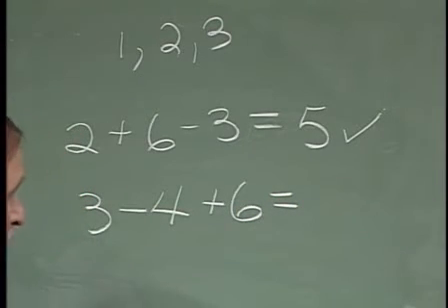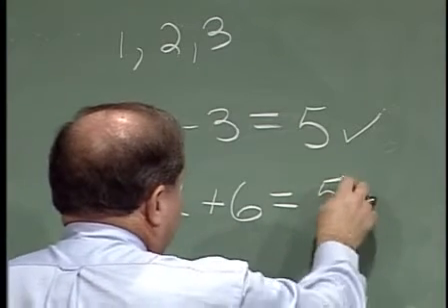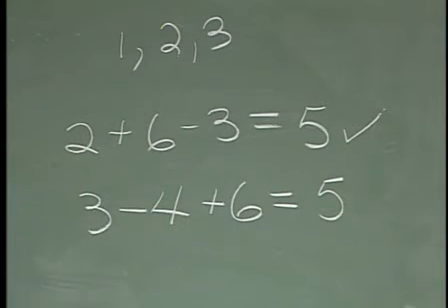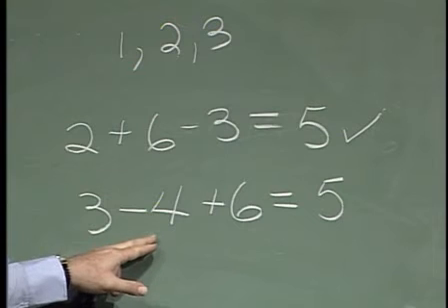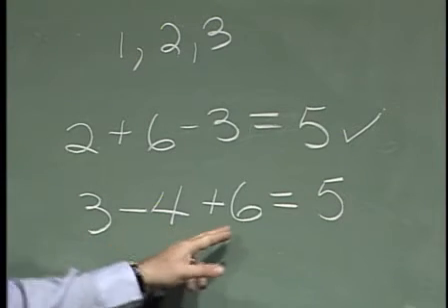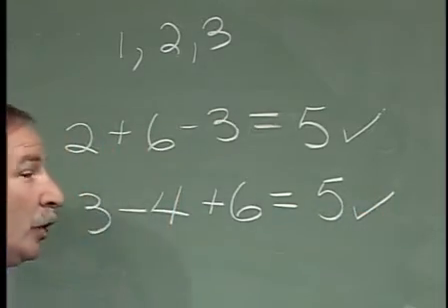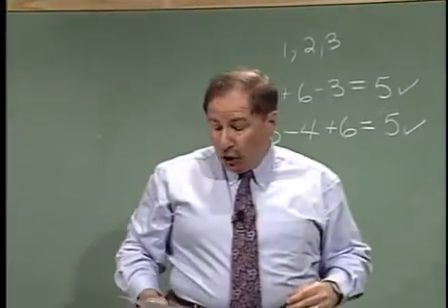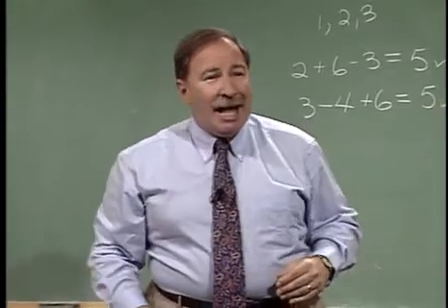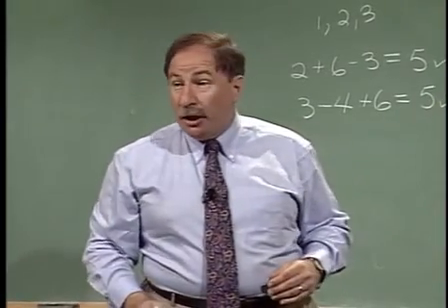And that's supposed to be equal also to 5. Well, let's see. Is it equal to 5? 3 minus 4 is negative 1, and negative 1 plus 6 is 5. So it's checked. We are correct. And as I said before, doing this kind of stuff is as easy as 1, 2, 3.